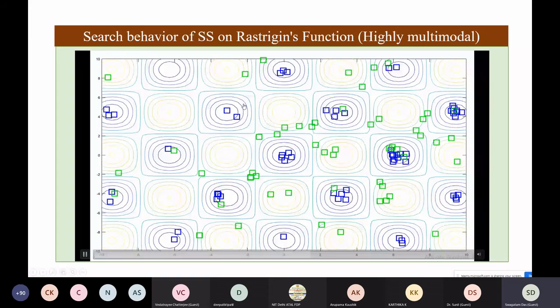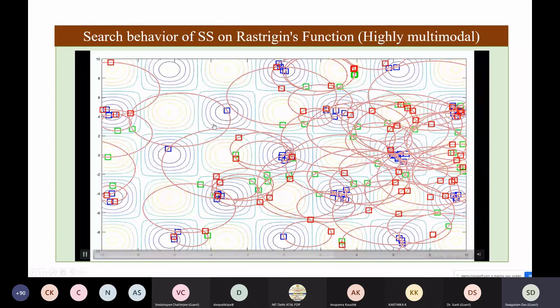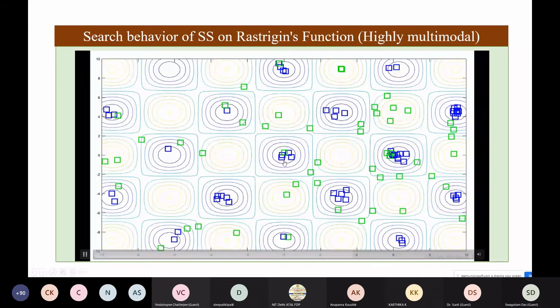This is the global basin at the intersection of 0 and 0. It has already converged. But since the solutions are diversified into different optima, still some new solutions are being born.